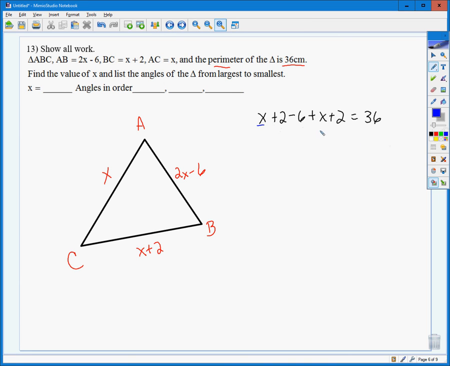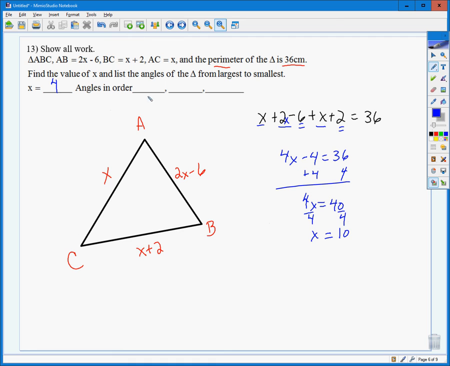And I'm going to combine my like terms. I have x, 2x, and another x. That's a total of 4x. I have a negative 6 and a positive 2. That's a negative 4. Equals 36. Adding 4 to both sides, 4x is equal to 40, which means x is equal to 10 when I divide both sides by 4.